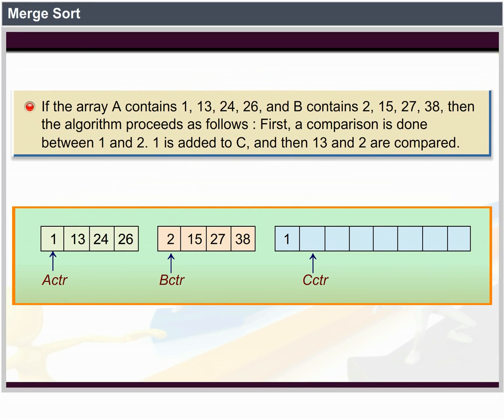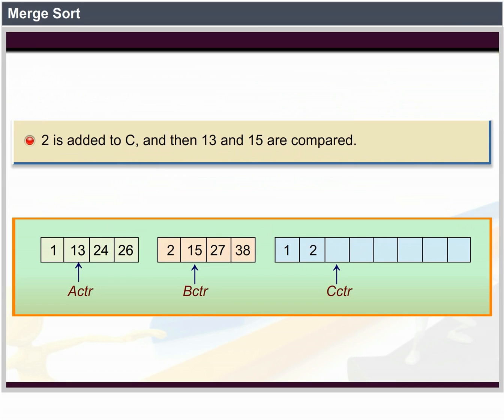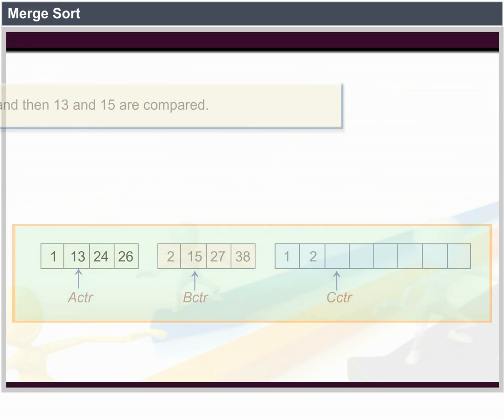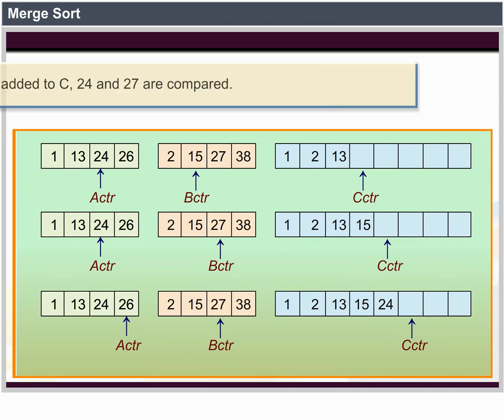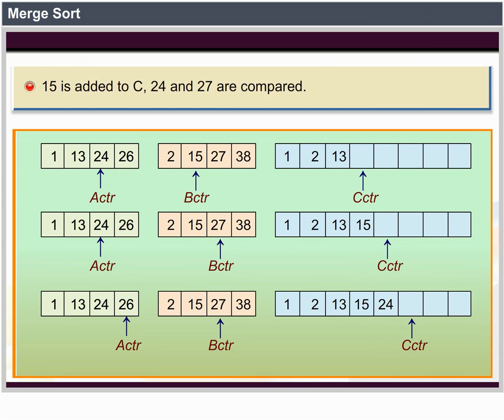First, a comparison is done between 1 and 2. 1 is added to C, and then 13 and 2 are compared. 2 is added to C, and then 13 and 15 are compared. 13 is added to C, then 24 and 15 are compared. 15 is added to C, then 24 and 27 are compared.